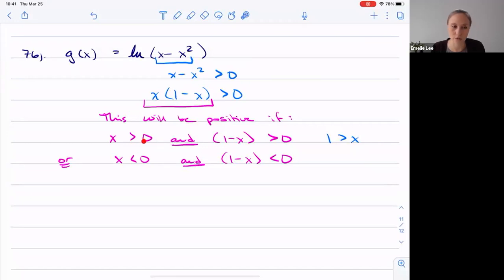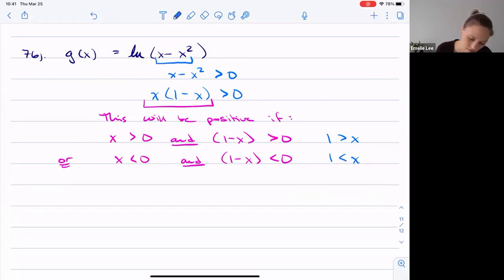So between 0 and 1. And here x has to be less than 0, and then just reworking this inequality, 1 has to be less than x. So x has to be less than 0 and x has to be greater than 1.